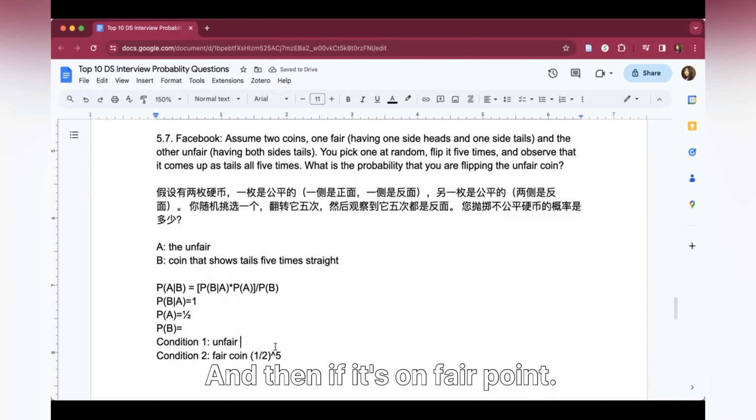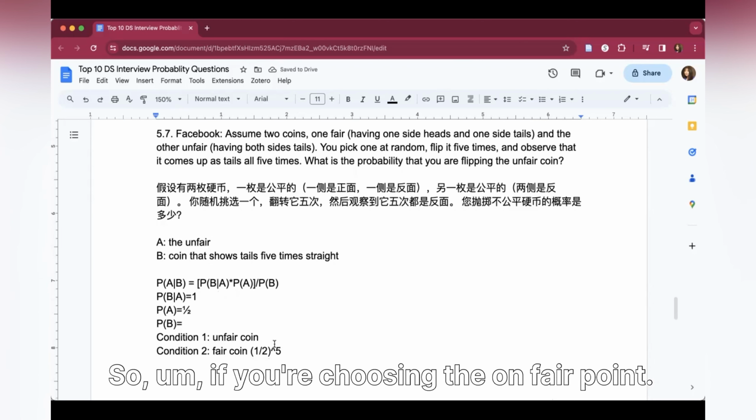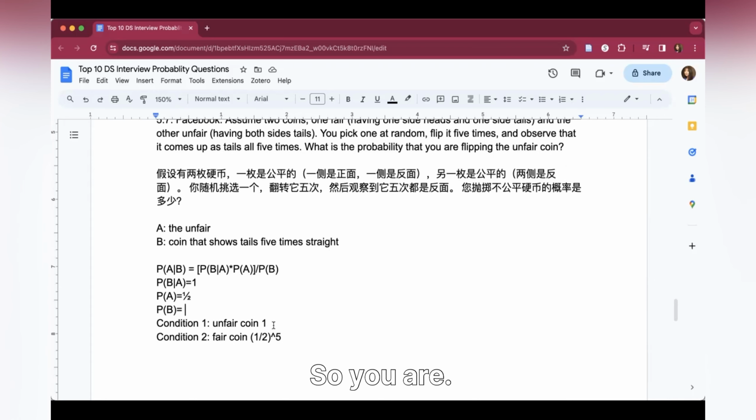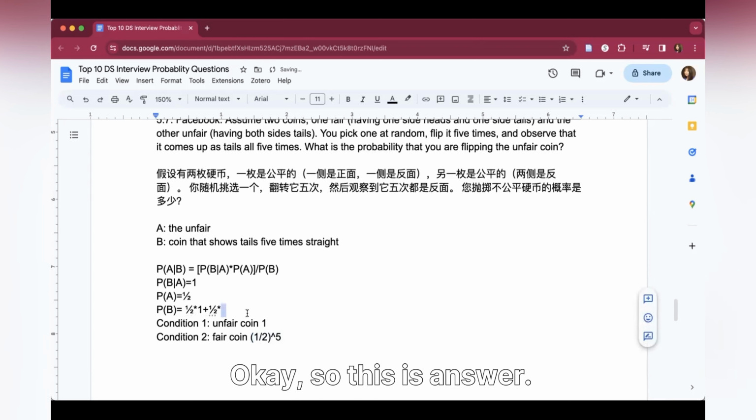And if you're choosing the unfair coin, then the probability is 1, right? In this case, half the time you're going to get this, and half the time you're going to get 0. Okay, so this is the answer.